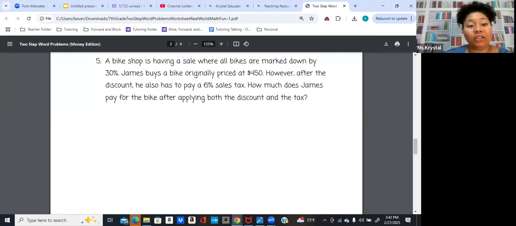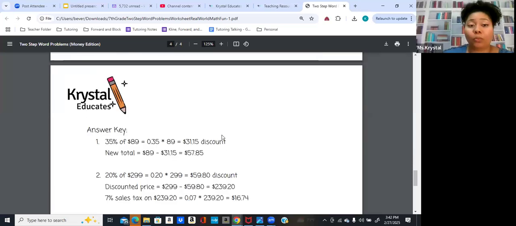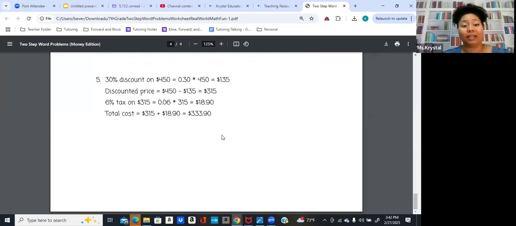After you get that $18.90, you're going to add that back, because that's the sales tax. You're going to add that back to your 315, which then will leave you with $333.90.